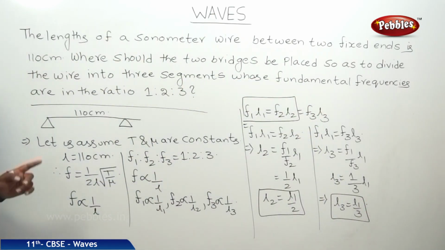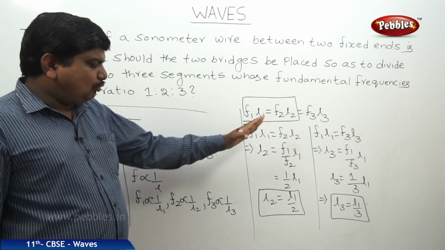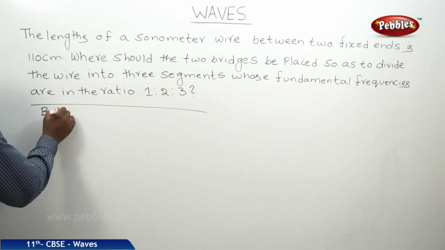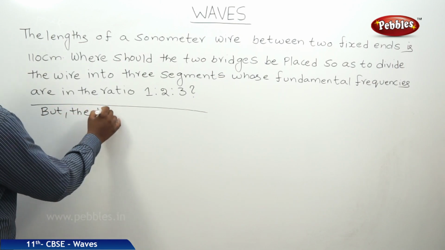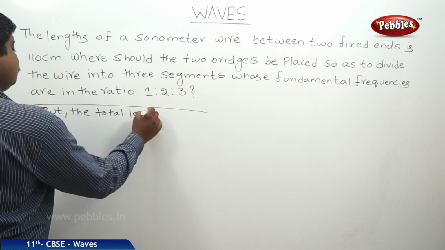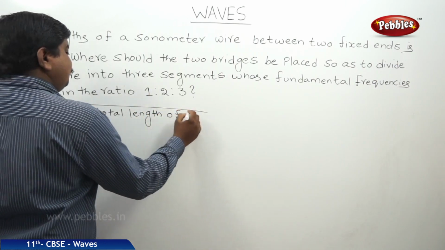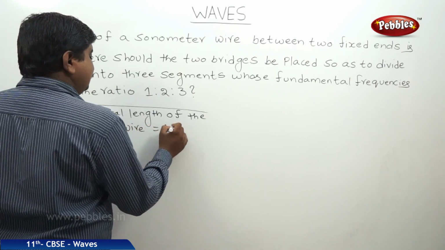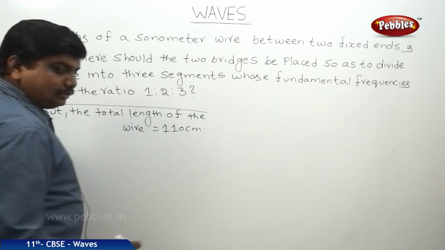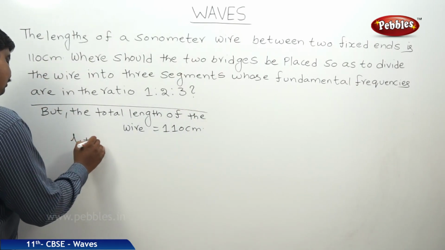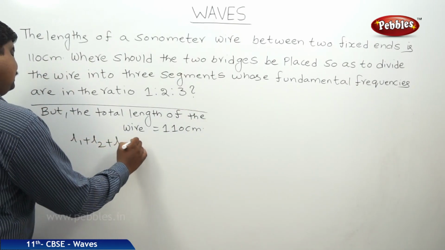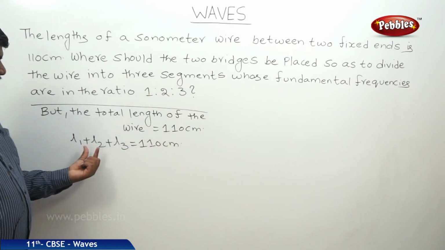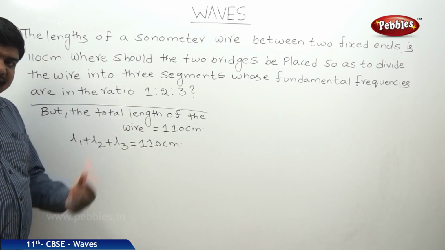But the total length of the wire between the two ends is 110 centimeters. That means L1 plus L2 plus L3 is equal to 110 centimeters. Let us write this as equation 1. We know that L2 is equal to L1/2 and L3 is equal to L1/3.